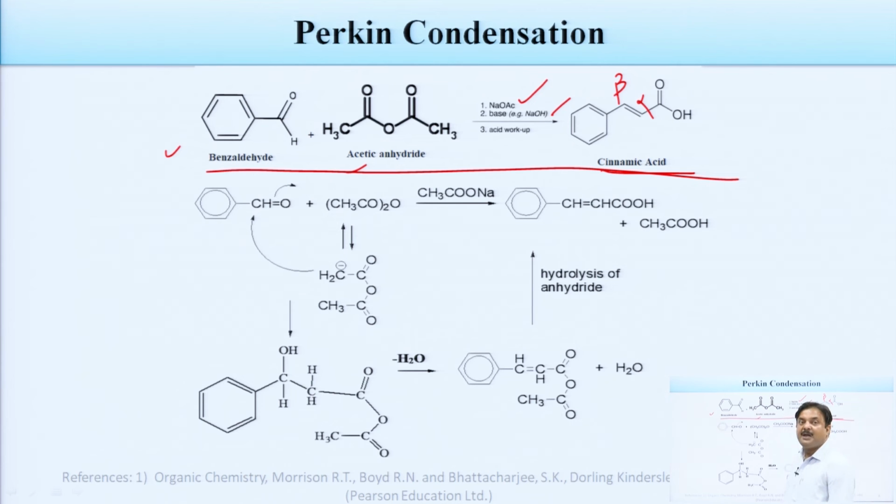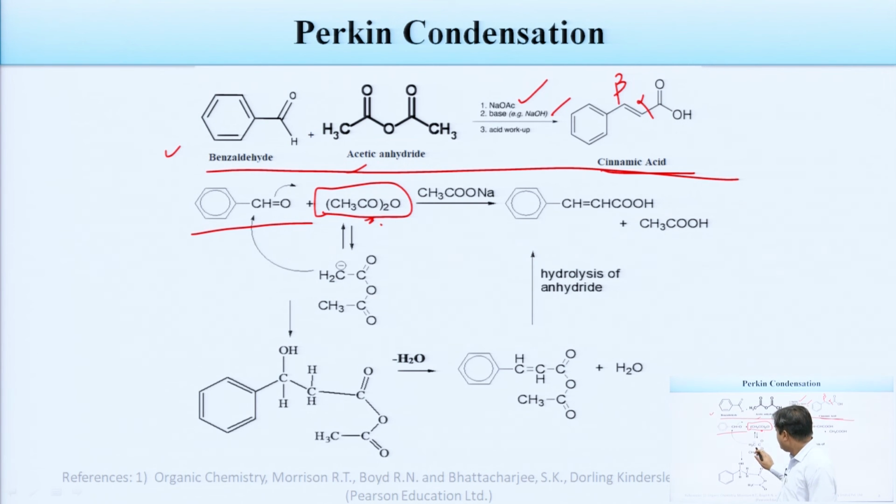Now, coming to the mechanism of action of the Perkin reaction. So, you can see this is benzaldehyde, an example of the aromatic aldehyde. Now, we are taking acid anhydride, in this particular case acetic anhydride. So, what is actually going on? In the presence of base, one hydrogen atom is abstracted from the acid anhydride.